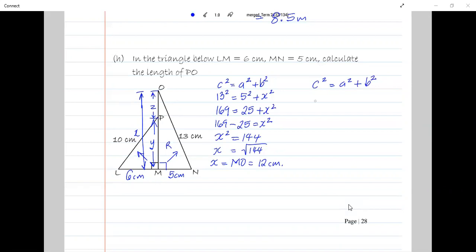The hypotenuse is 10, so this is 10 squared is equal to the other two sides, 6 squared plus Y squared. 10 squared is 100, 6 squared is 36 plus Y squared. Positive 36 goes over and becomes negative, so it's 100 minus 36 is equal to Y squared.